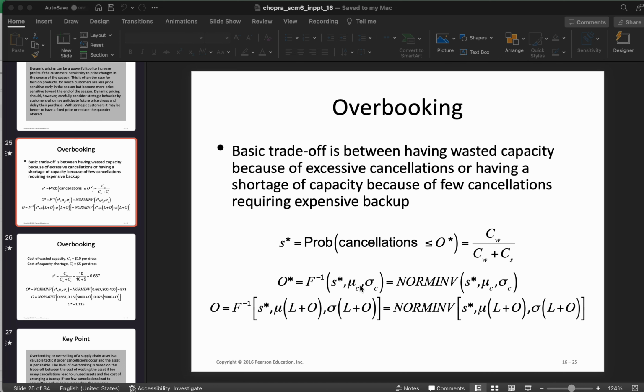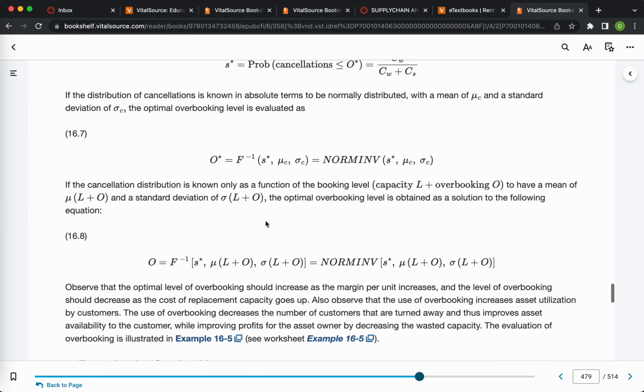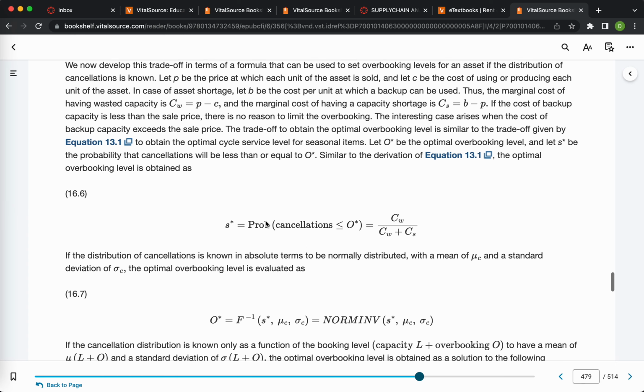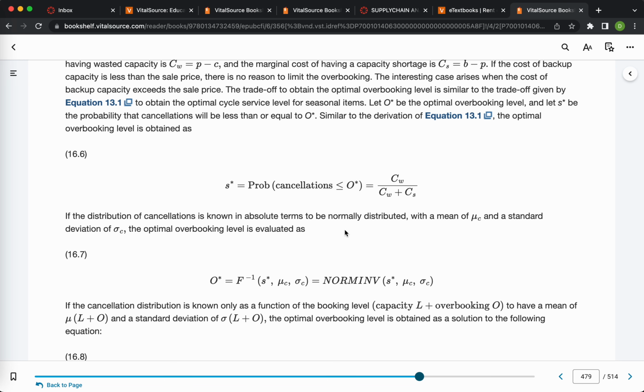Now, when calculating the optimal overbooking level, let me just switch over to the textbook for a second. In calculating the optimal overbooking level, there are two ways in which demand can be known. If the demand distribution is known, this is the formula for calculating the overbooking level.